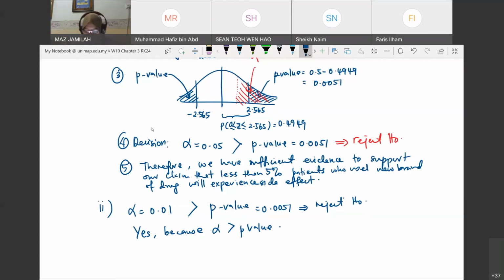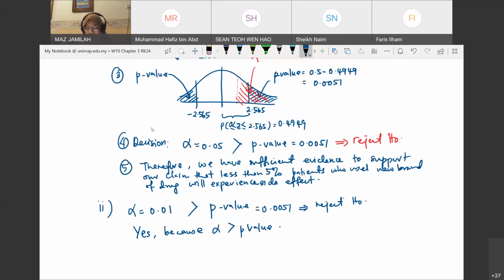0.5%. Fail to reject. At 0.05%... yes, at 0.051, the same value as your p-value, we will not be able to reject the null hypothesis.